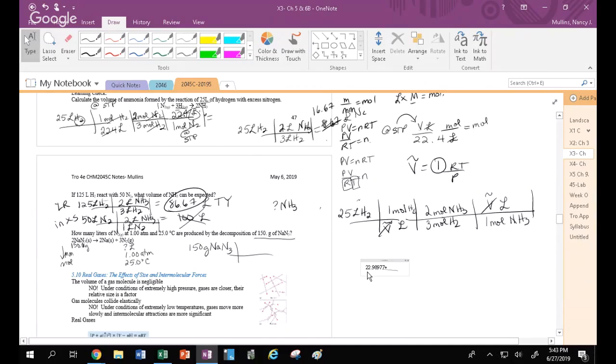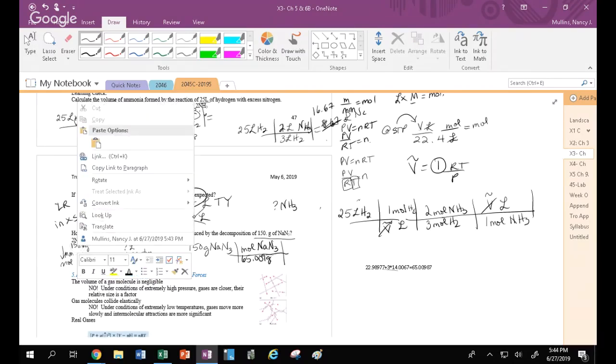22.98977 for the sodium and 3 times 14.0067. Apparently molar mass is 65.009 grams per mole of sodium azide. Now, how does that relate to the nitrogen?